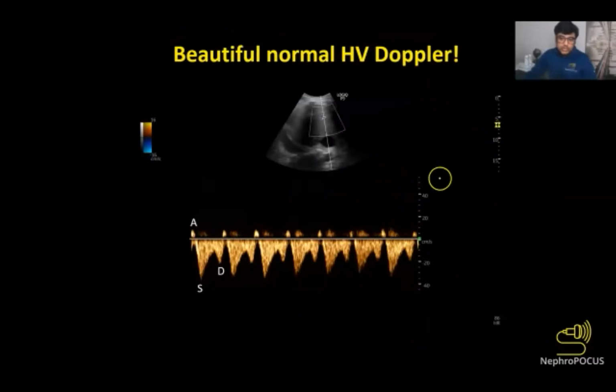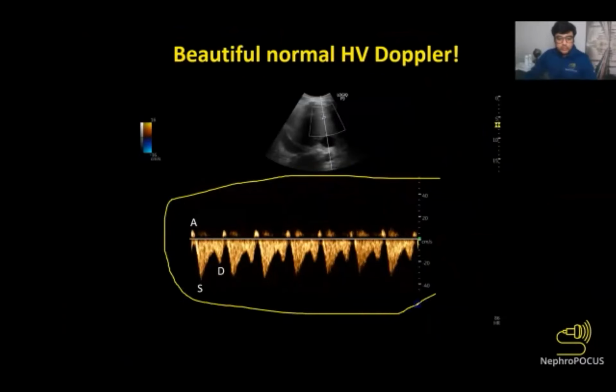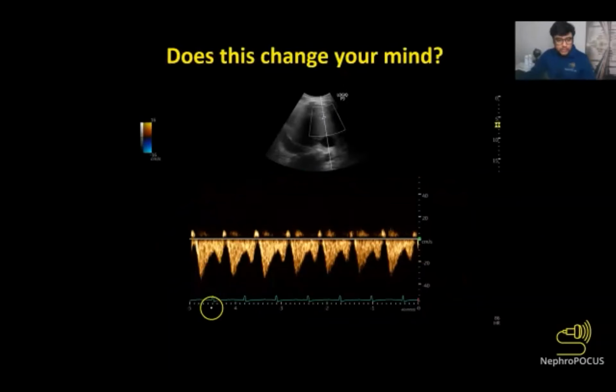Here we are showing you a waveform which appears very classic, right? It appears like the very normal waveform that I previously showed while explaining the individual waveforms. And you can say this bulge here is the A wave, here is the S wave, the V wave in the middle, and the D wave. Very nice. But when I put the EKG, what happens? So here is the EKG. This is the QRS complex.